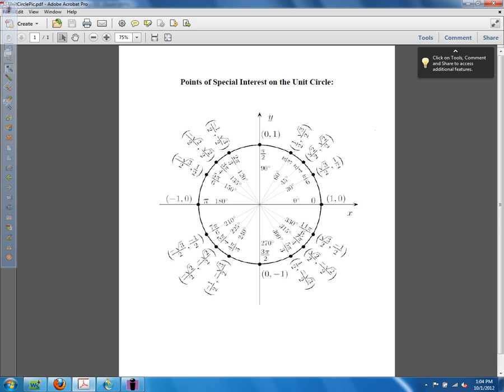So if we're looking at an angle down here in the fourth quadrant, we wouldn't be looking at 11 pi over 6. We'd be looking at negative pi over 6. This angle would be negative pi over 4. This angle would be negative pi over 3. And this angle would be negative pi over 2. So when we're talking about the negative angles, we're going clockwise this way. So that's another important thing to remember.